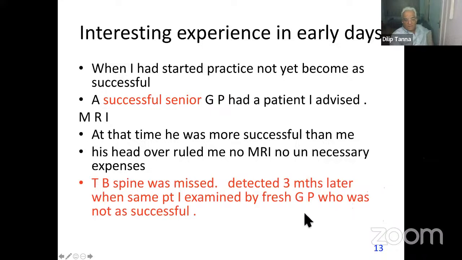You ask for an MRI and you will see early signal changes in the disc and in the intervertebral area. And you presume, because of the symptoms only, that it is TB spine. Histology, because you cannot do biopsy of that area, you'll have to treat exclusively on the suspicion of TB spine.